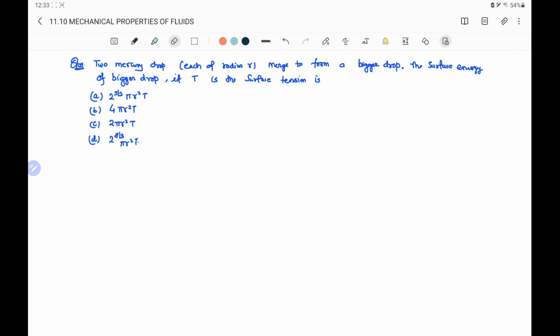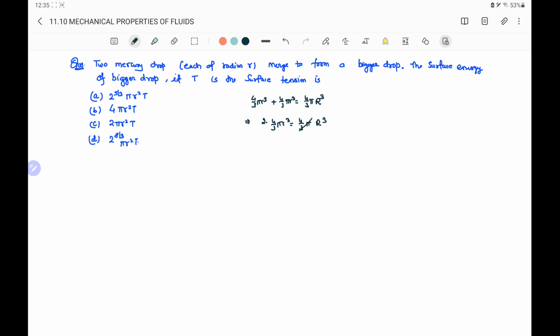First question is, two mercury drops each of radius r merge to form a bigger drop. The surface energy of the bigger drop, if T is the surface tension, is? If two mercury drops each of radius r are merged into a single drop, we can write 4 by 3 pi r cube, because small r is the radius of a smaller drop, plus 4 by 3 pi r cube will be equal to 4 by 3 pi R cube, where the new radius of the bigger drop is capital R. So this implies that 2 into 4 by 3 pi r cube will be equal to 4 by 3 pi R cube.